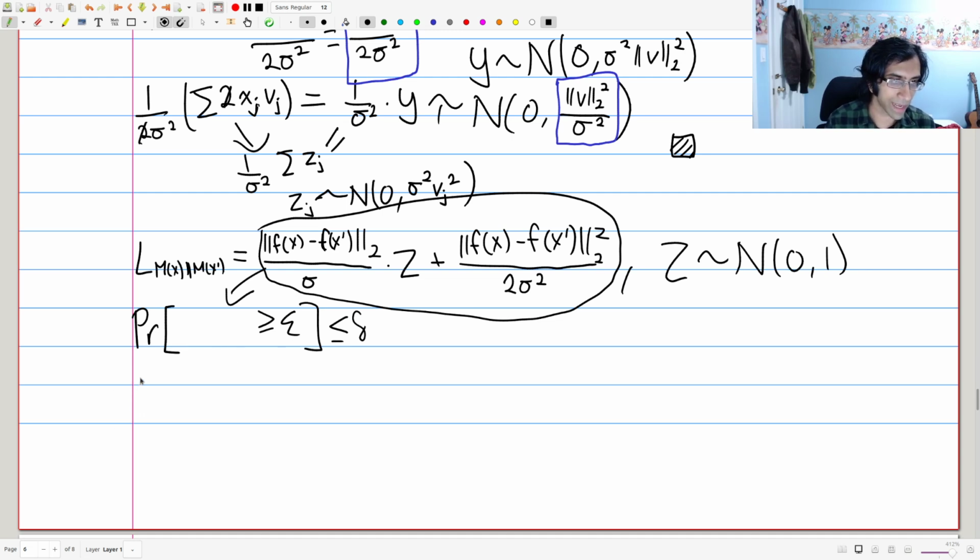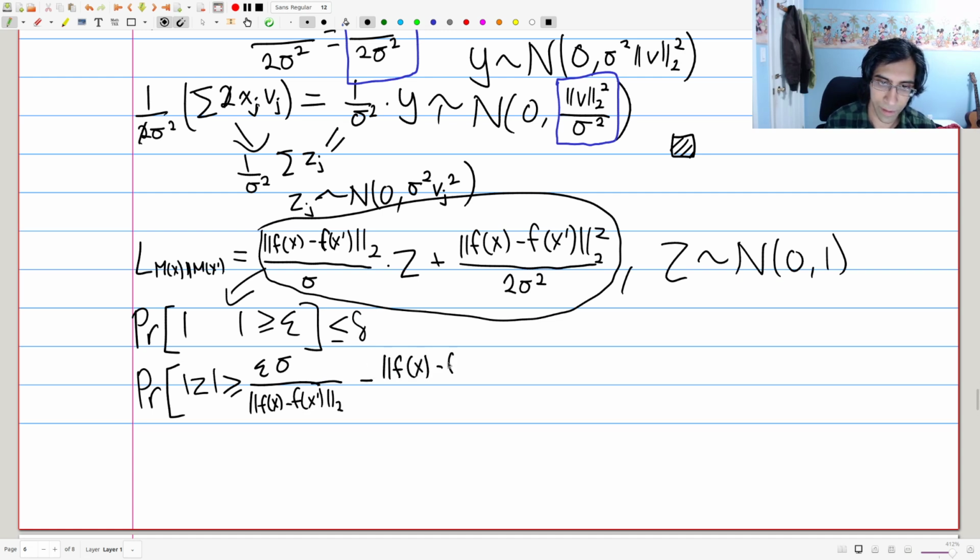So if we really want the absolute value of this, then if you move things to the appropriate places, this will be saying the probability that z is greater than or equal to epsilon sigma divided by the L2 norm of v, minus something divided by 2 sigma. Yeah, oh sorry, there's no square here.